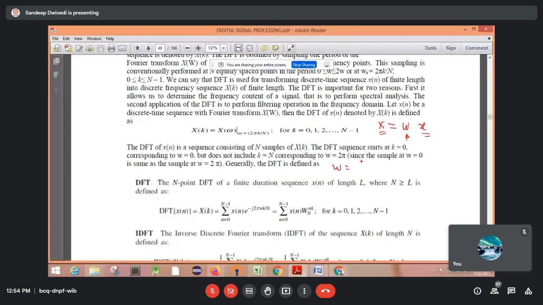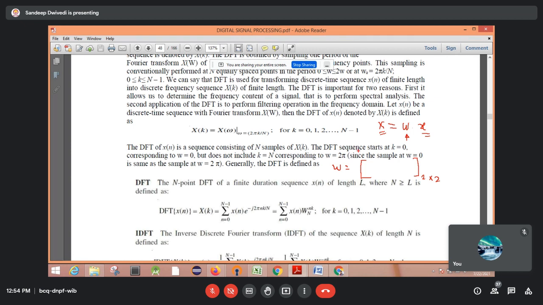See here, W, if you are taking a 2-point DFT, the size of the matrix will be 2 by 2. How many point DFT you are taking, depending upon that, this size is there: capital N by N. For example, if you are taking a 2-point DFT, this will be 2 by 2.